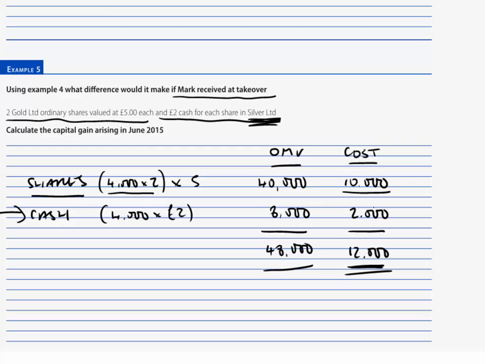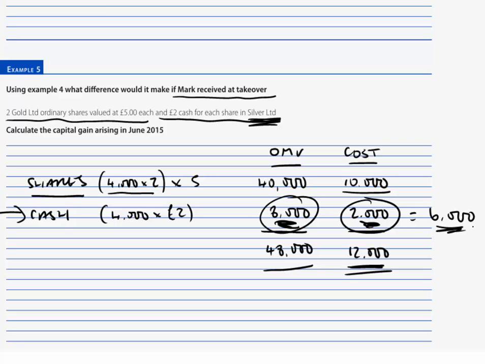How do we calculate that gain? Based now on you having received cash of £8,000, and the relevant cost attributable to that cash received is £2,000. That is the basis of the gain. Proceeds 8, cost 2 equals a gain of 6,000.